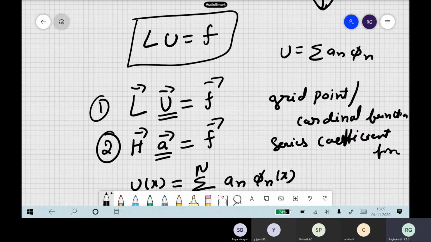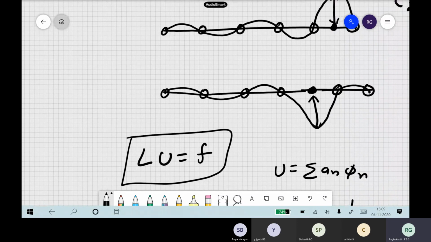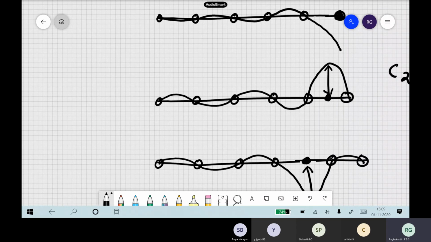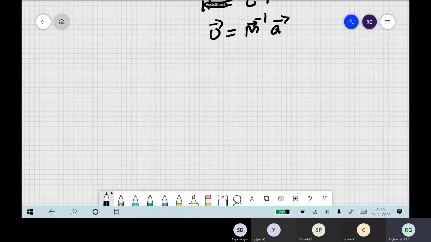What is the pseudospectral name, what does it mean? Just now I told you, right? What is the main thing in the pseudospectral method? What is the most important thing? How do we choose our points?